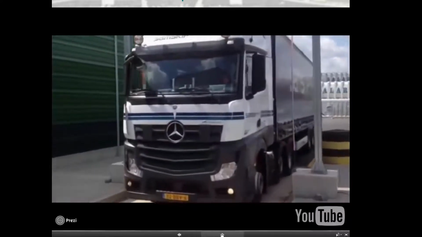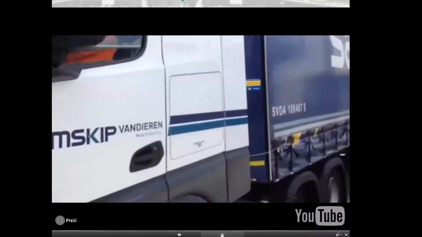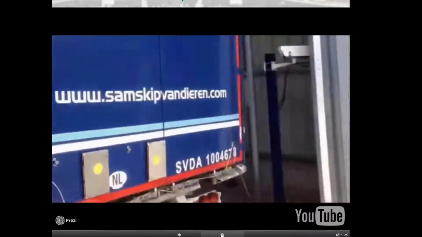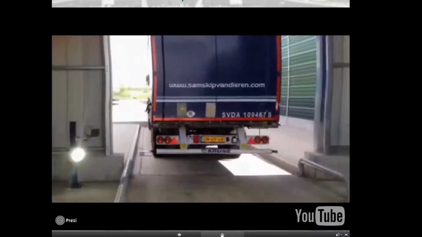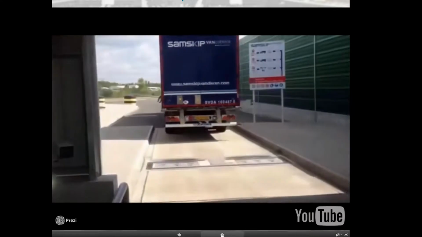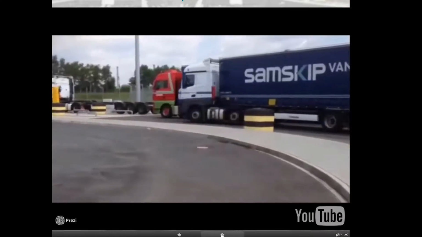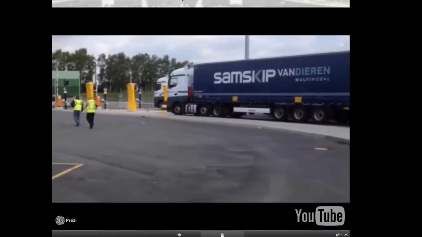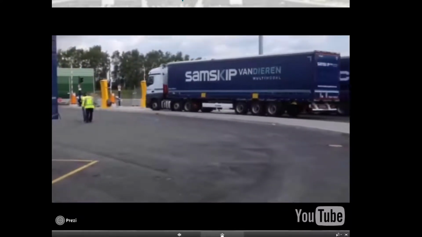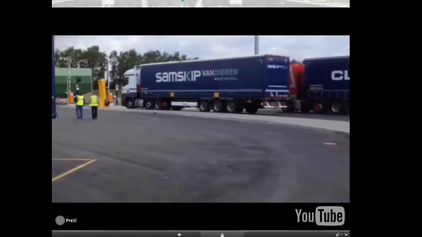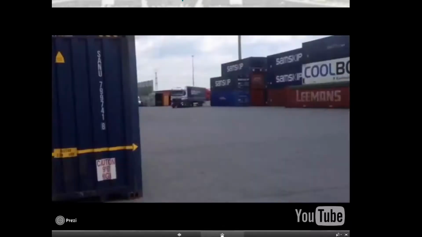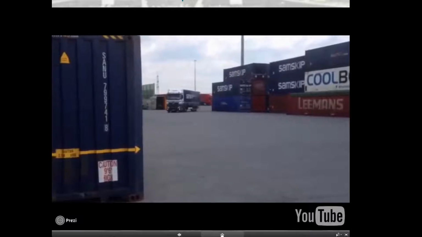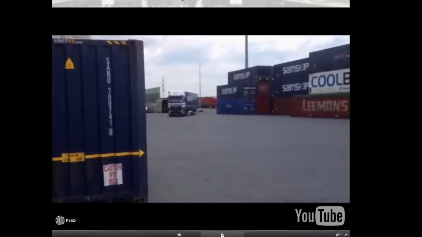Also, the tyre pressure is immediately measured and sent to the fleet department. The trailer continues its path and arrives at the OCR scanning, which are the yellow posts. This is the identification of all incoming and outgoing units and tells the driver where the trailer needs to go.